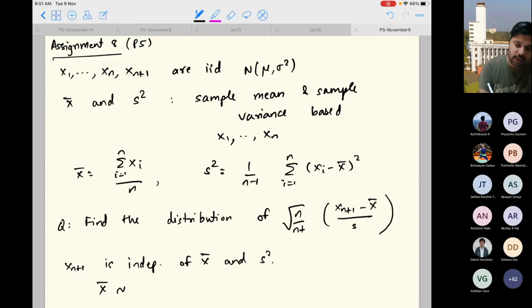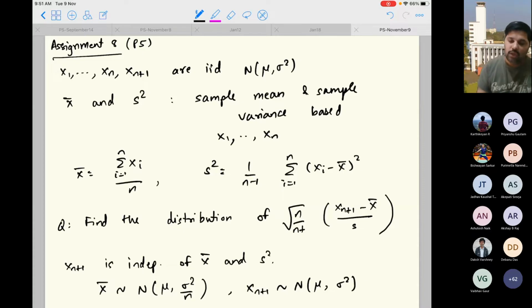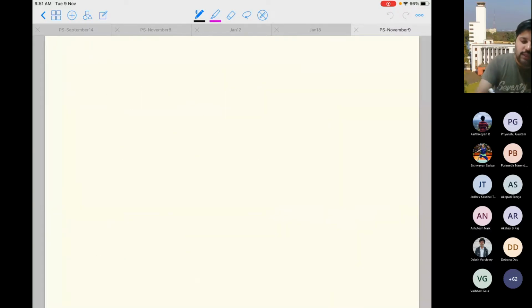What is the density of X bar? X bar follows normal with mean mu and variance sigma squared by n. Do you all agree? Xn plus 1 follows normal with mean mu and variance sigma squared. So what is the density of Xn plus 1 minus X bar?